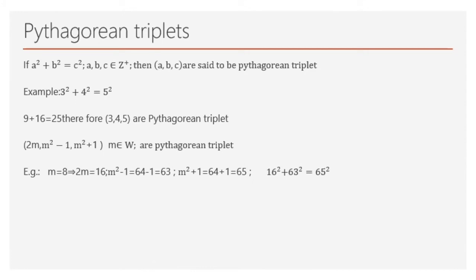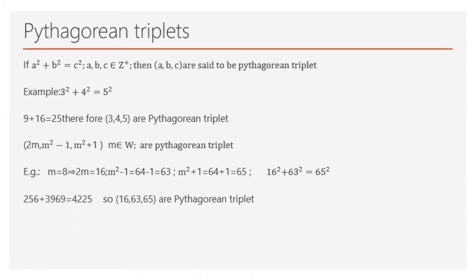For example, if you take m is equal to 8, it implies 2m is equal to 16, m square minus 1 is equal to 64 minus 1, which is equal to 63, and m square plus 1 is equal to 64 plus 1, which is equal to 65. 16 square plus 63 square is equal to 65 square.